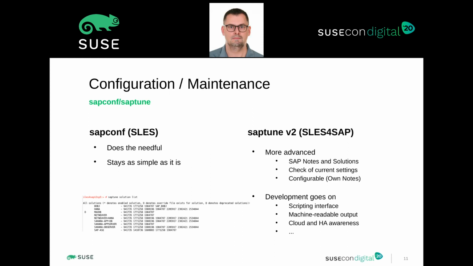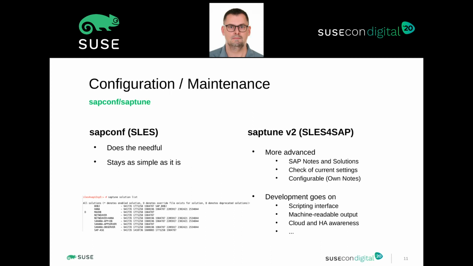The pure SLES has a very simple tool called sapconf. As I said, simple means it just does the needful. We have handpicked in the Linux Lab specific parameters from various SAP notes, which we know that if not set correctly, you will most certainly run into trouble.